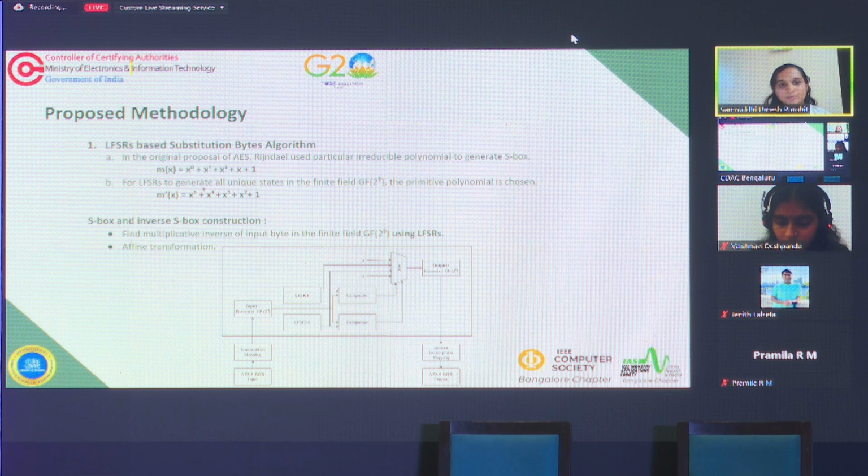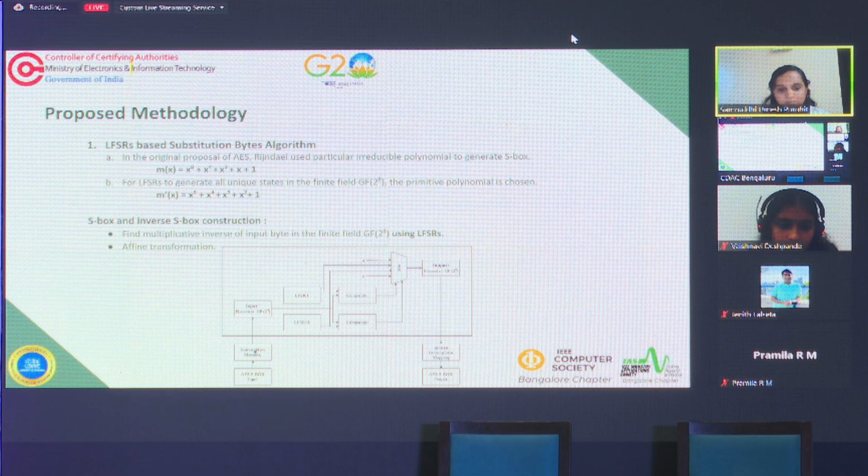So we chose the primitive polynomial x raised to 8 plus x raised to 4 plus x cube plus x square plus 1. Basically our input is in the field x raised to 8 plus x raised to 4 plus x cube plus x plus 1, and we have to shift it to the primitive polynomial field. So for shifting we used isomorphism mapping, which you can see in this diagram.